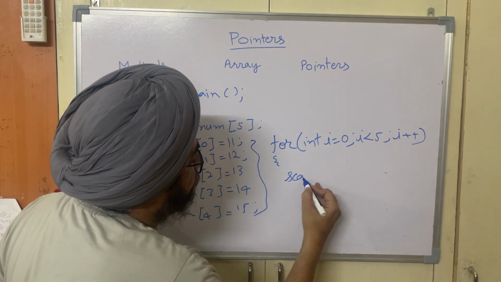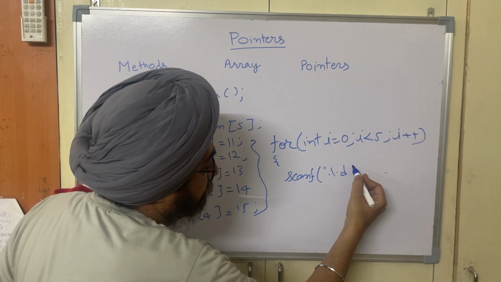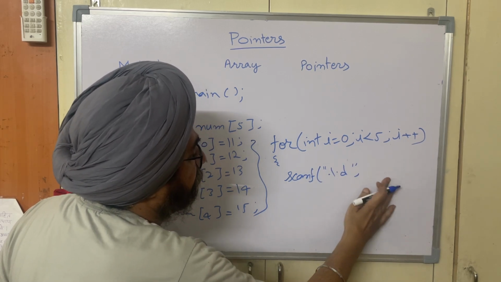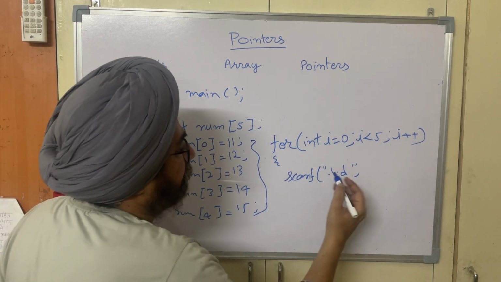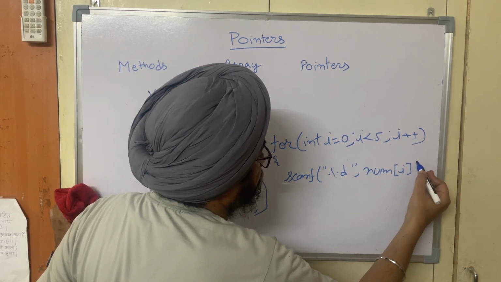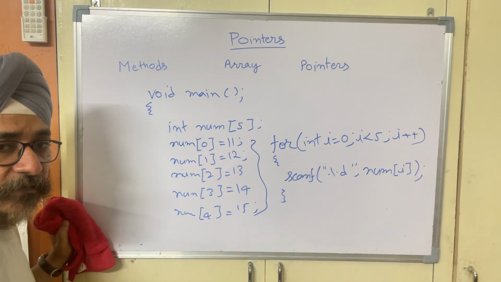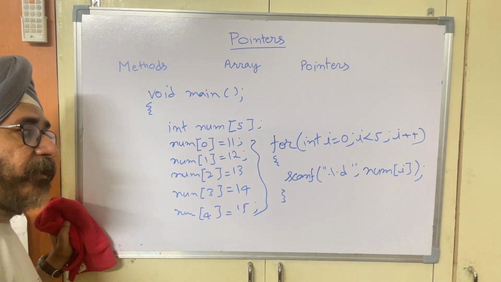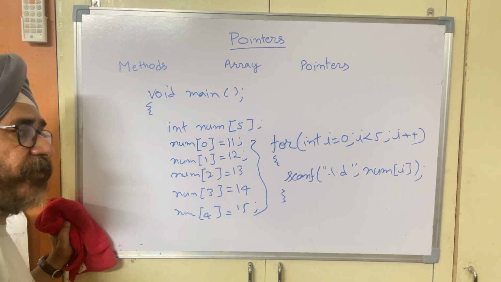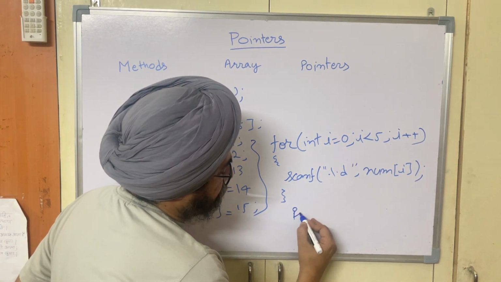I provide scanf with %d because it is integer type, and give num[i]. In the same way, it will accept 5 elements, and we can display the elements with the help of the printf statement.